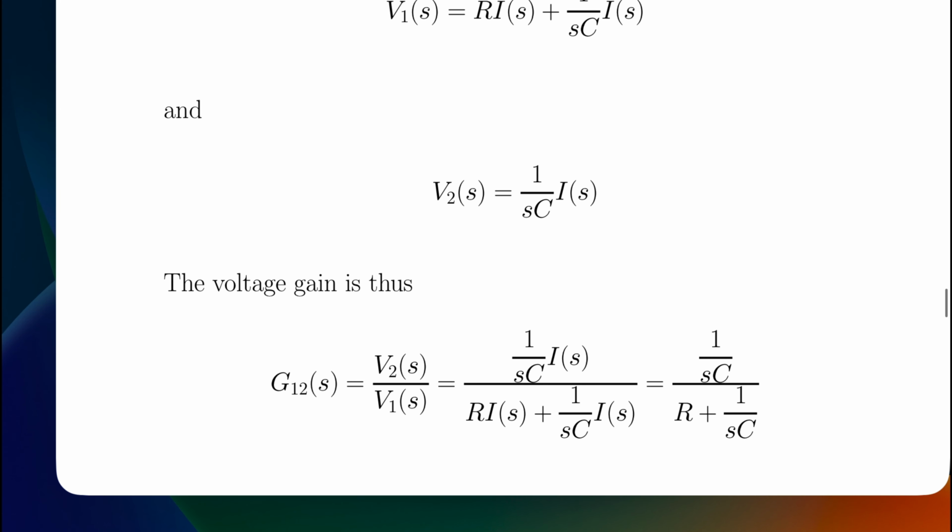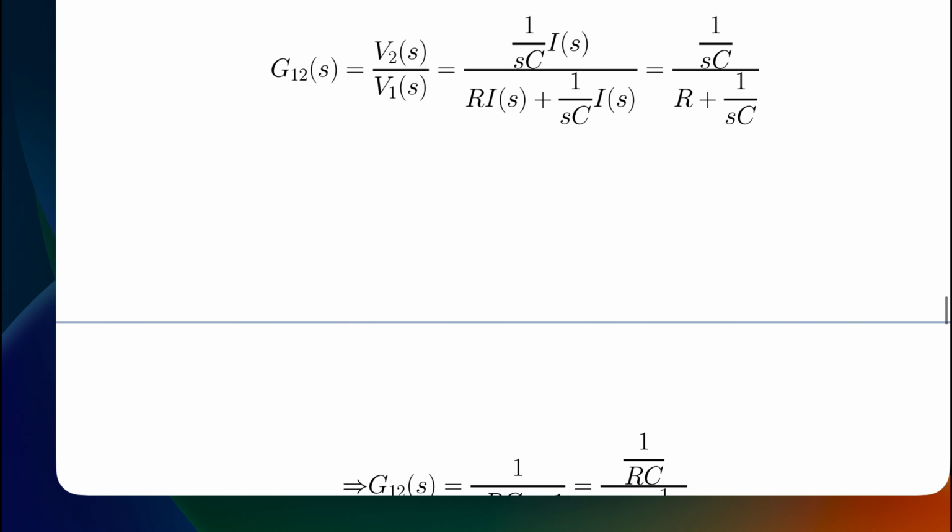The voltage gain is thus G12(s) equal to V2(s) upon V1(s). This is equal to 1 upon sC into I(s) divided by I(s) into R plus 1 upon sC into I(s). So I(s) cancels out throughout. So this is 1 upon sC divided by R plus 1 upon sC.